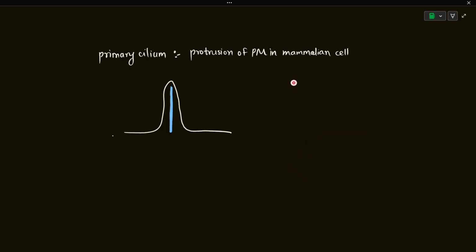This happens the same way inside the cell. If we have to increase the sensitivity or the efficiency of a certain signaling pathway, what the cells do is accumulate all of the signal molecules, all of the intracellular signaling components that are required, and arrange them inside a small compartment.